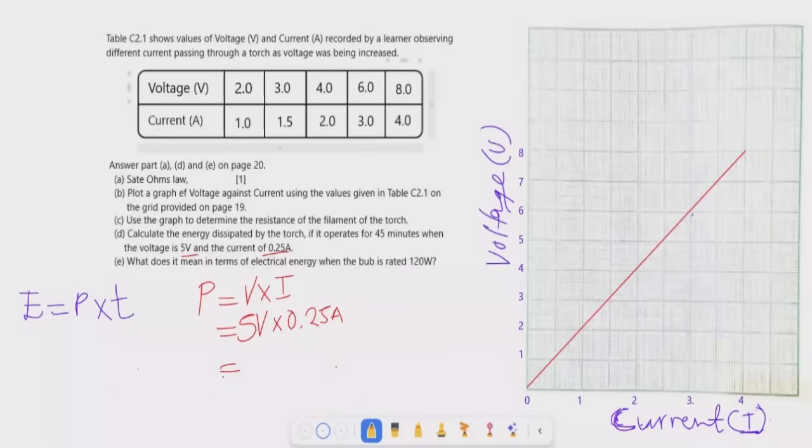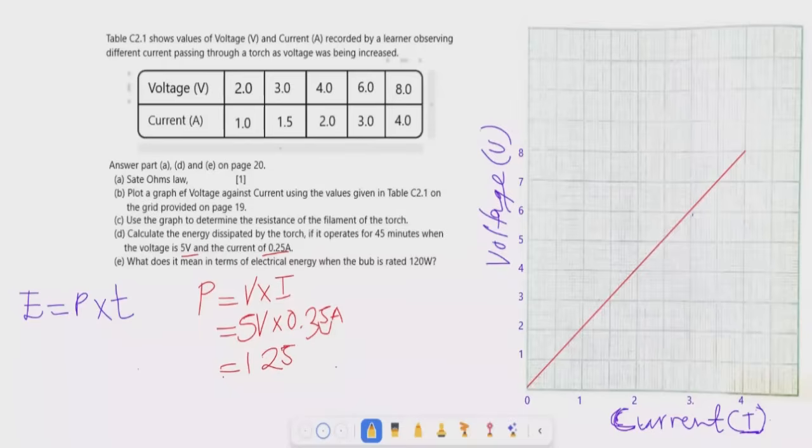Now here is a secret of how we multiply decimal numbers. First, we move this point to the right so that 25 becomes a whole number. The point goes 2 steps to the right so that it becomes 25. So 25 times 5 gives us 125.